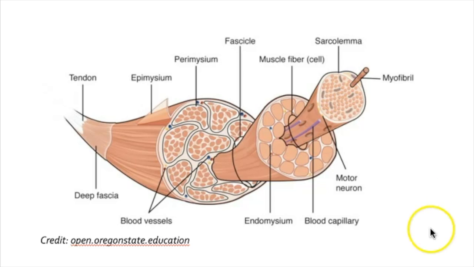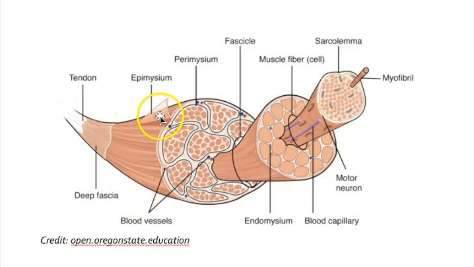If we go from the large, grossly visible muscle, you can see that there's a fibrous covering around it called the epimysium. Remember, the epimysium, this outer covering, is actually not the outermost level of tissue that you'll find around a muscle. There's also a very heavy layer of connective tissue called fascia, which occurs outside of the epimysium.